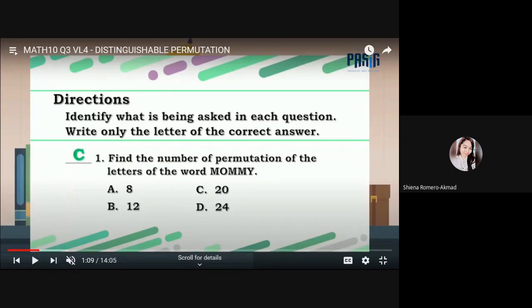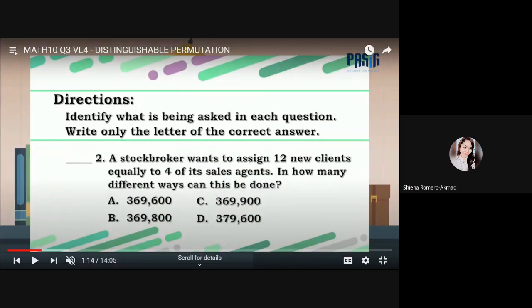Most of you will tell me that it is equal to permutation of 5 taken 5 at a time, or simply 5 factorial, and that's 120. Now, the answer is 20 only because there are elements that are the same. There are 3 letter M's. So the answer here is 20. Later on, I'll give you more examples to understand how to solve this kind of problems.